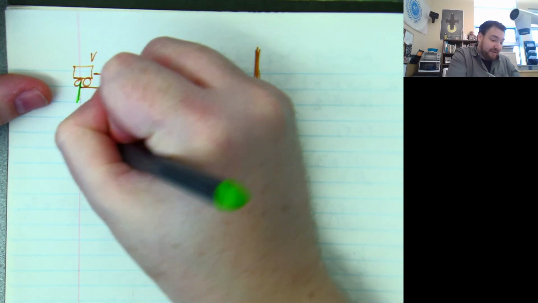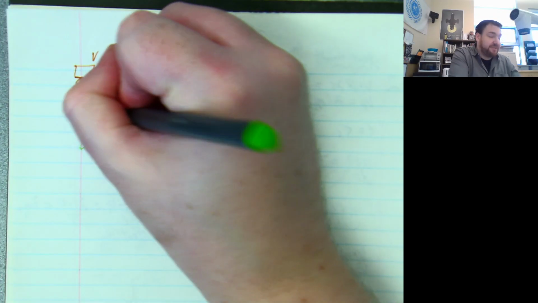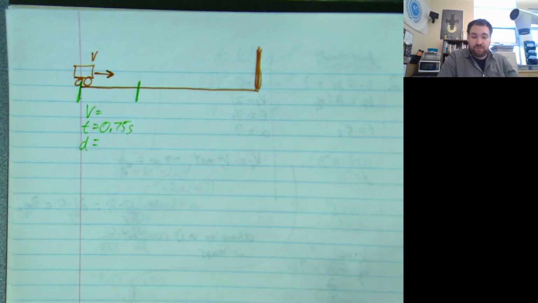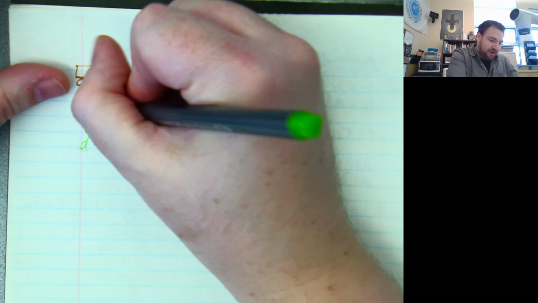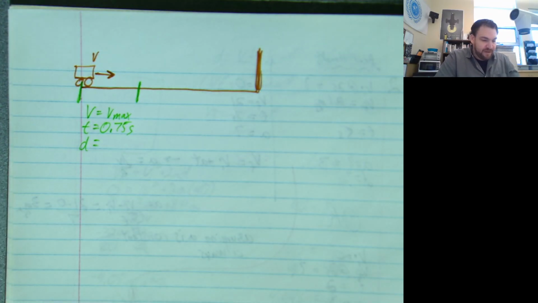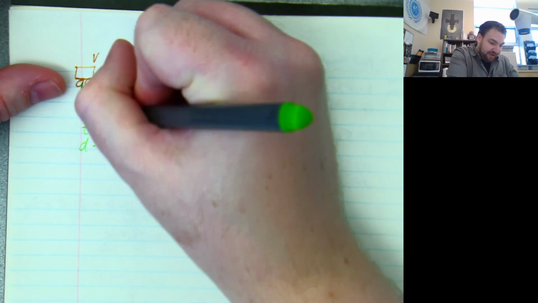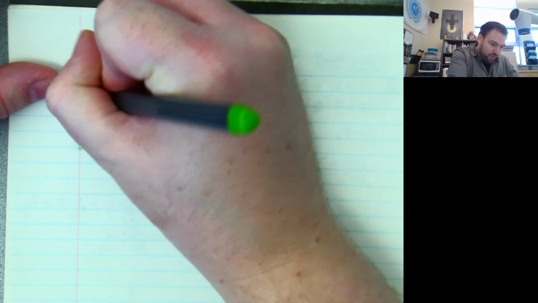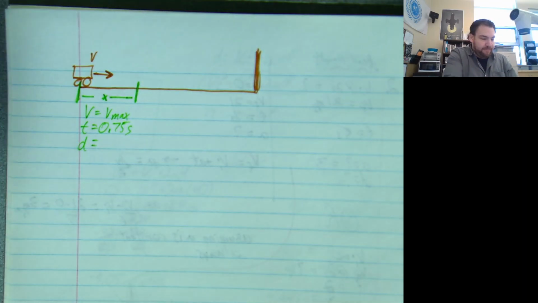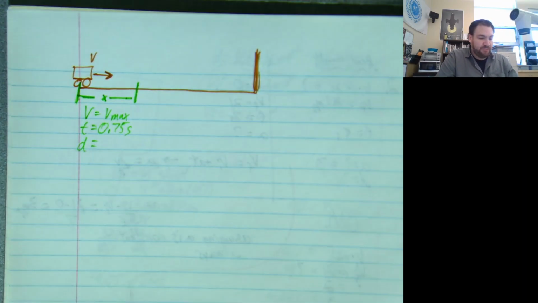And during that 0.75 seconds, he's going to travel some distance. We don't know what it is. I'm going to call the velocity V max, because for the bigger part of the problem, that's what we're looking for. For now, I'm going to call this little distance here X. This is an unknown distance that he's going to travel before he even begins to brake.